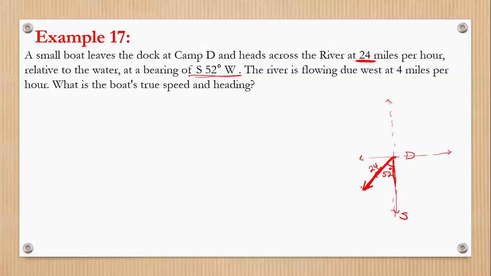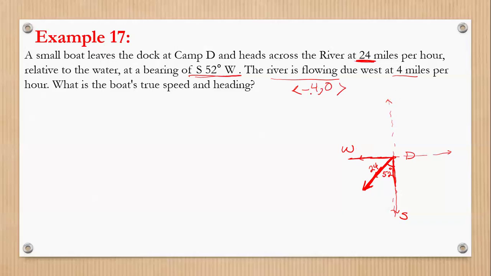The river is flowing due west at 4 miles per hour. Due west is this side, so the river is flowing in this direction, and the magnitude is 4. We know the direction is west, not going up or down, so the components of this vector for the river are -4 and 0.